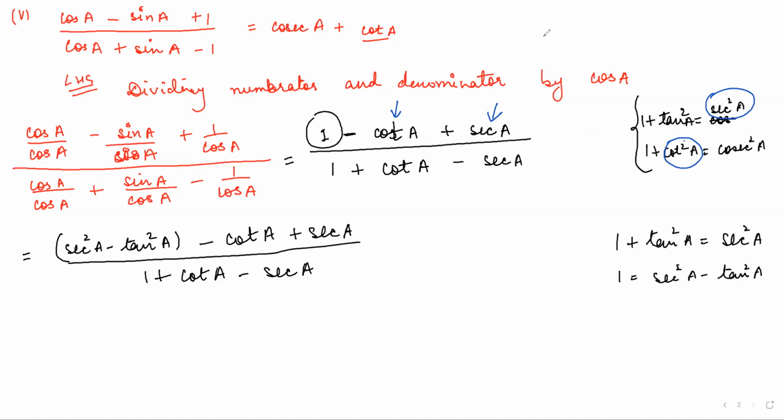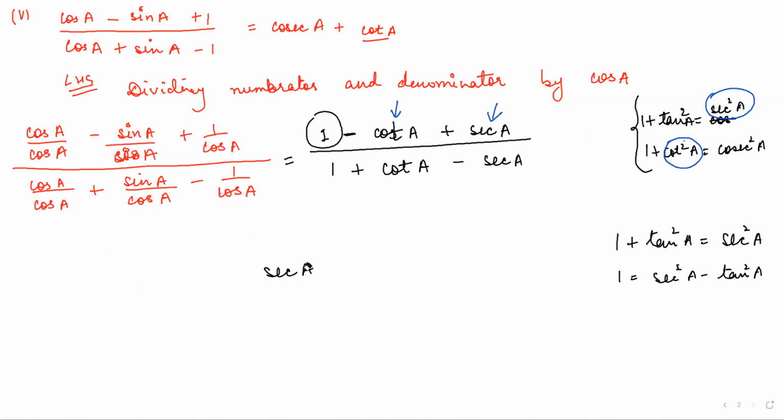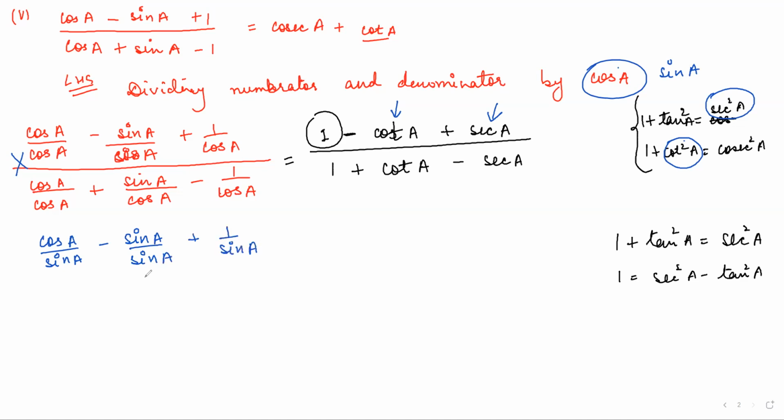Yes, if I do it like this, just see the difference. Instead of dividing by cos A, if I divide everything by sine A, right? Instead of doing this, if I do it like this: cos A divided by sine A, and then minus sine A divided by sine A, and then plus 1 upon sine A, correct?